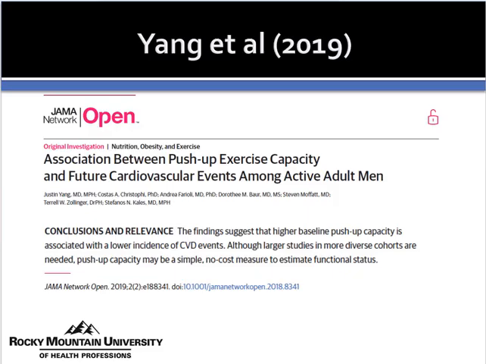The other study was Yang et al., and this is an interesting one, and it forces us to think about, do the findings from an epidemiologic study mean that we need to focus on that thing, or does that thing represent something else?